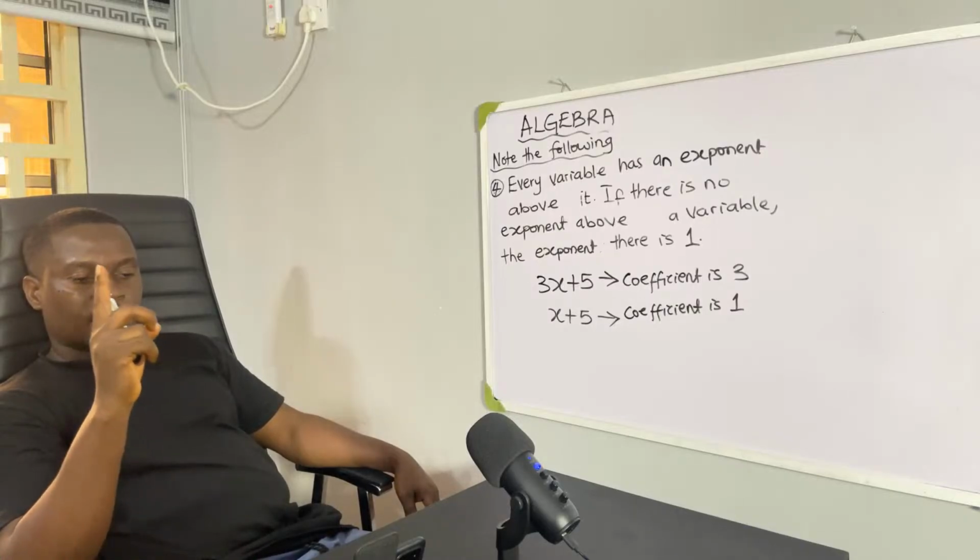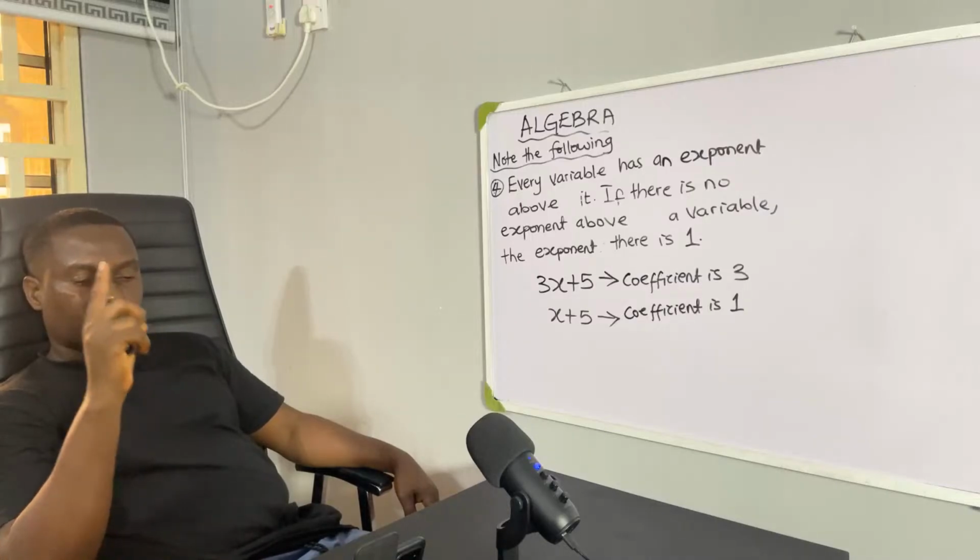If there is no exponent above a variable, the exponent there is 1.